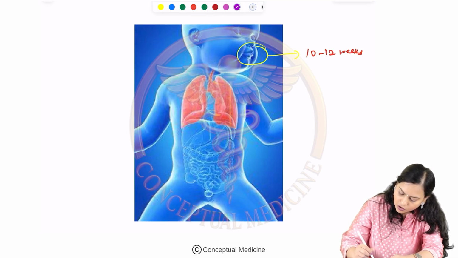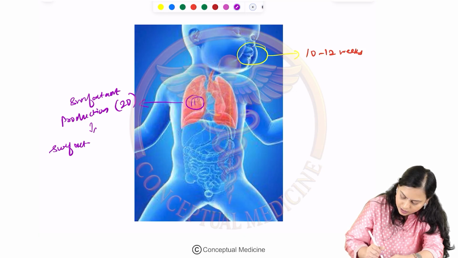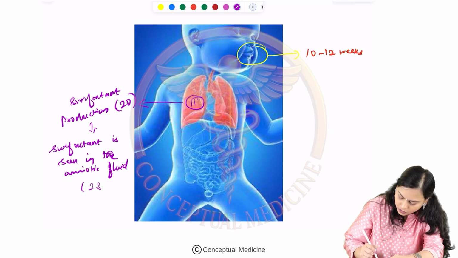Breathing movements start at 11 weeks, and in the lungs, surfactant production starts around 20 weeks, and the surfactant is seen in the amniotic fluid around 28 weeks.